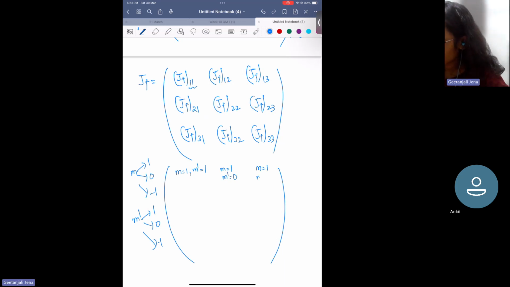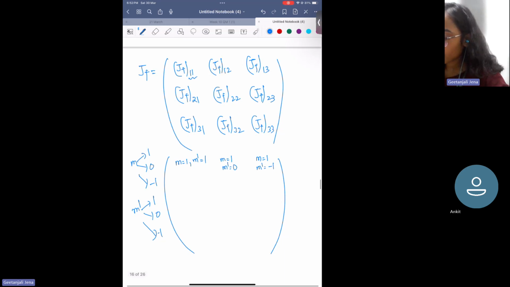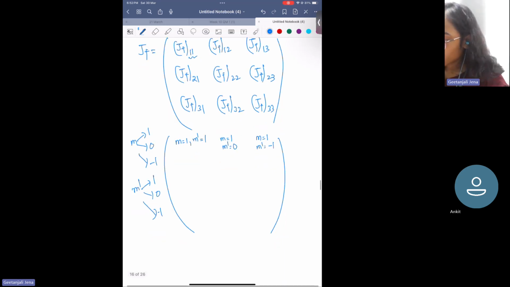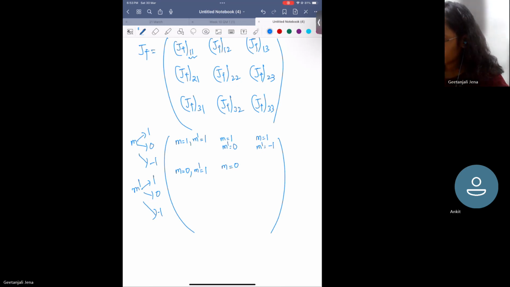For the third one, m is 1 and m prime is minus 1. So I have kept m constant and varied m prime from 1 to minus 1. Now for the second row, you change m from 1 to 0 and take m prime similar to the first row. So m is 0, m prime is 1.